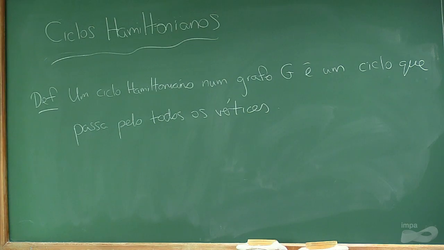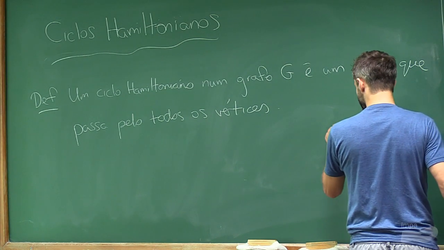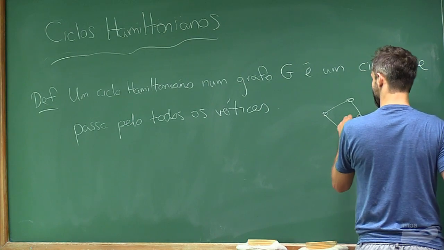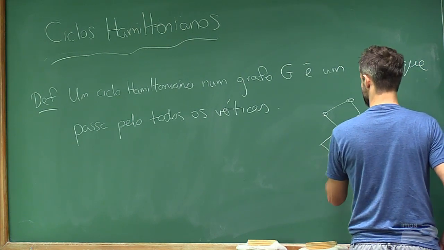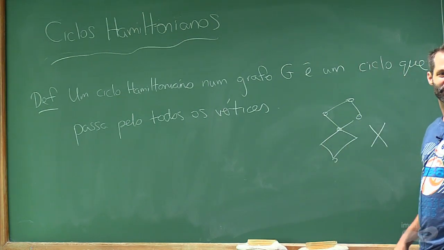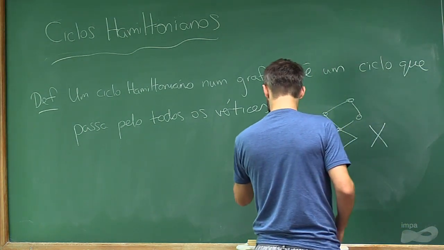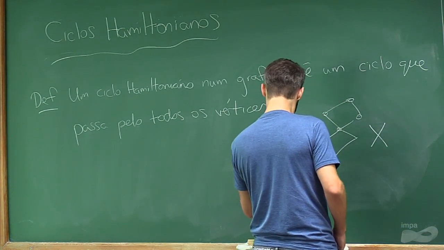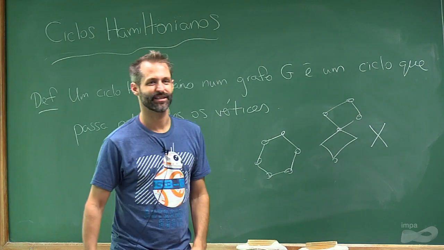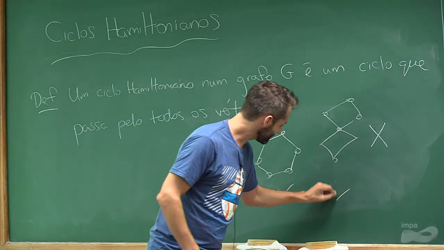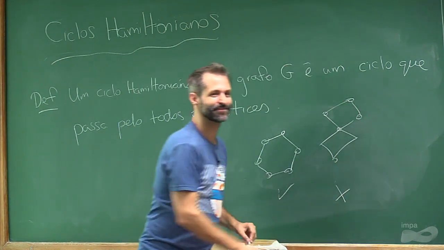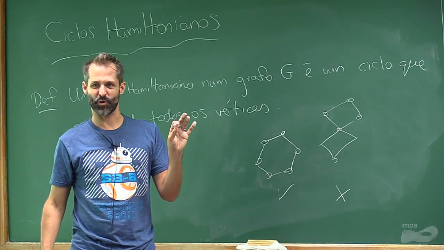And it's a cycle, not a walk, so it can only pass through each vertex once. So it's not an Eulerian tour, if you know what those are. You're not allowed to do something like this. This is forbidden. It has to be a cycle. This is okay, this is not okay. Just to make sure we know what we're talking about.